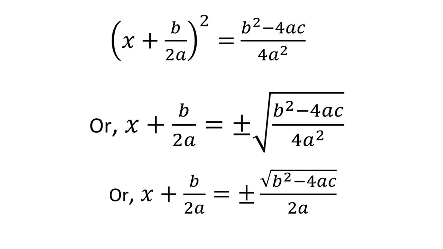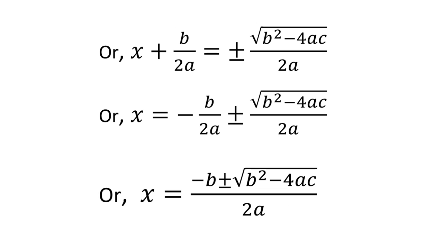In the denominator 4a square under root will become 2a, and in the numerator will remain b square minus 4ac within the under root sign. So we have almost reached towards the end of finding the solution and also the derivation of the quadratic formula.